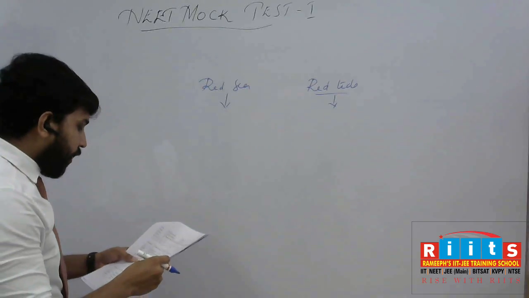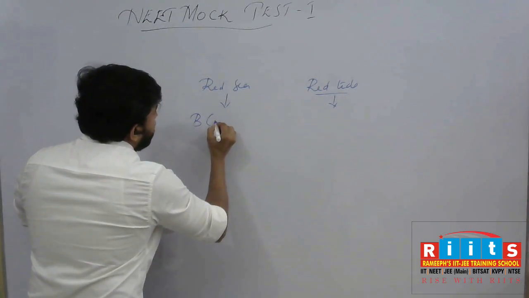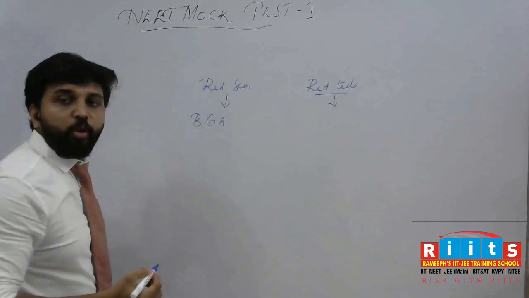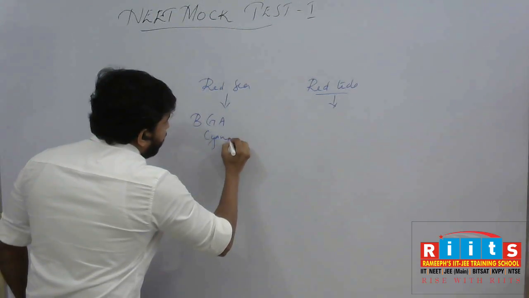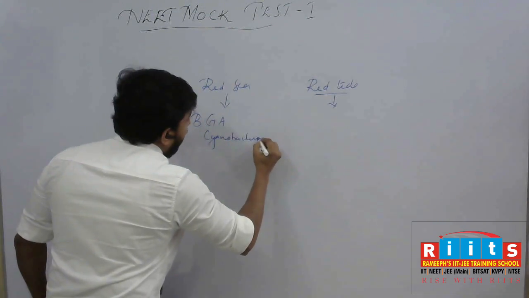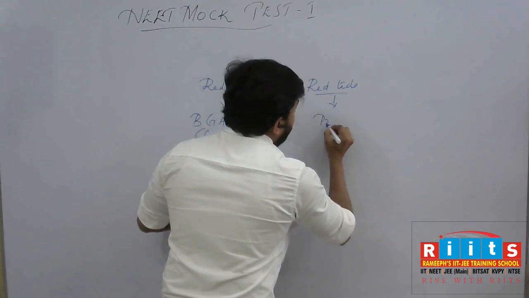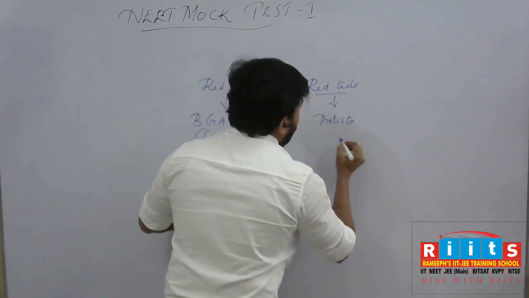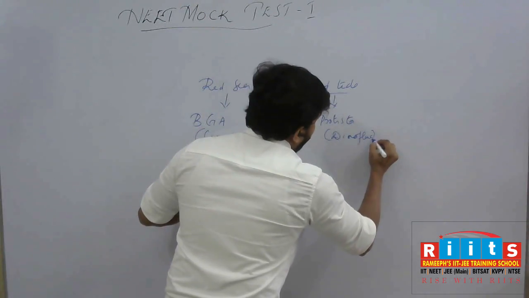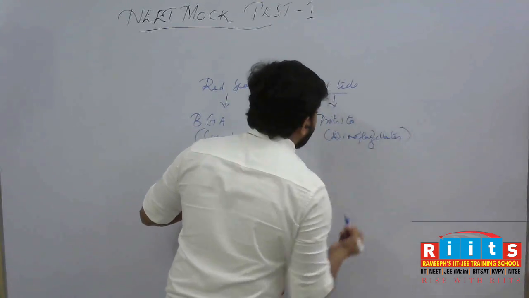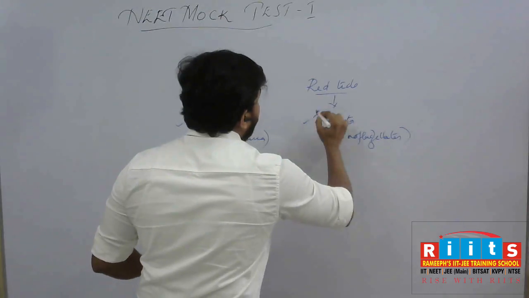The very simple concept, red sea is caused by certain members of BGA, blue-green algae or cyanobacteria. But red tide is caused by certain members of Protista, especially dinoflagellates. So this is a fundamental difference. Red sea is caused by BGA, red tide is caused by Protista.